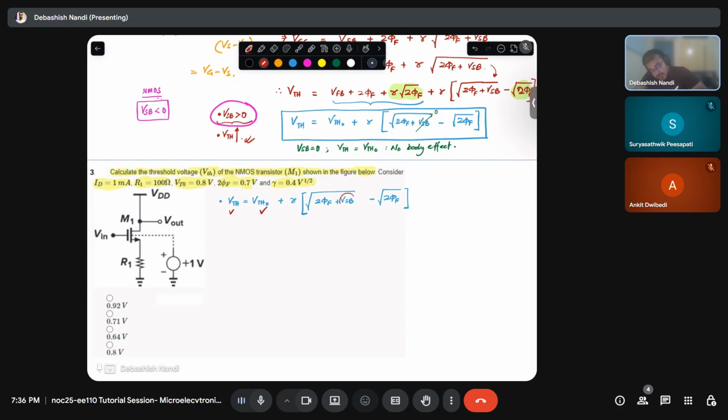I need to calculate this because I know this as well, this as well, this as well, right? I need to calculate my VSB. So VB I know. This is my body terminal, this is my source terminal, this is my gate terminal, and this is my drain terminal. So VB is known to me, it is 1 volt.